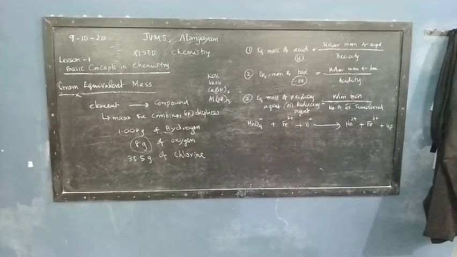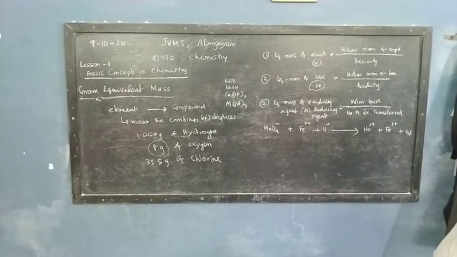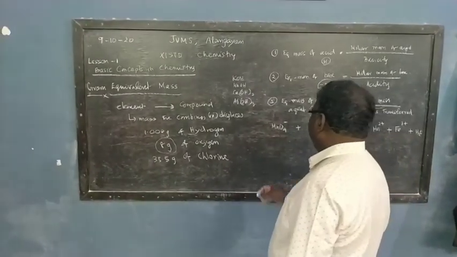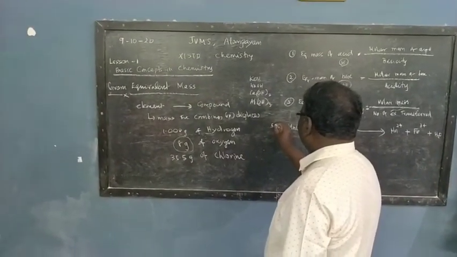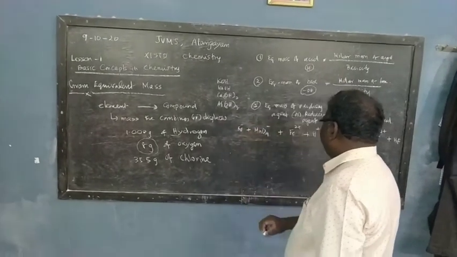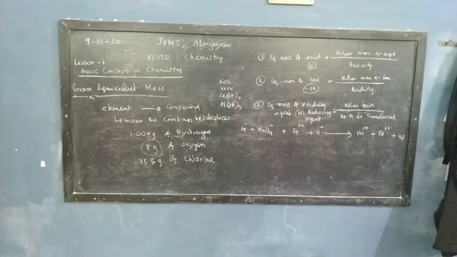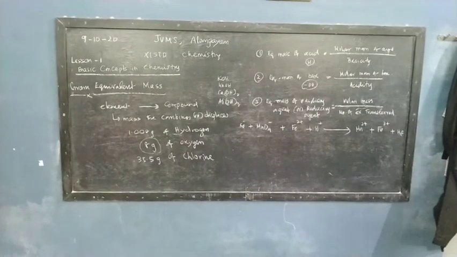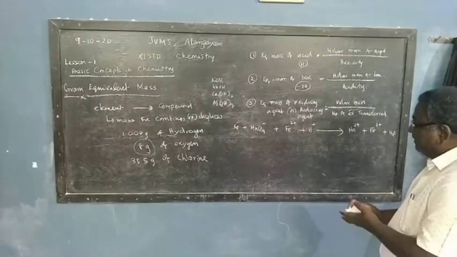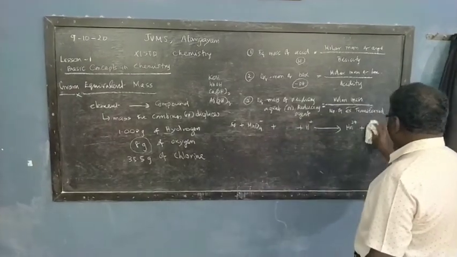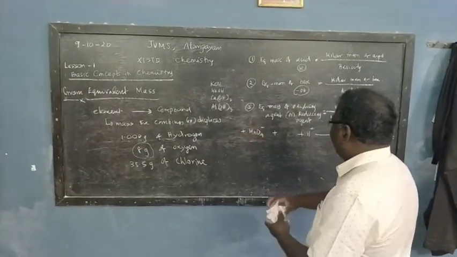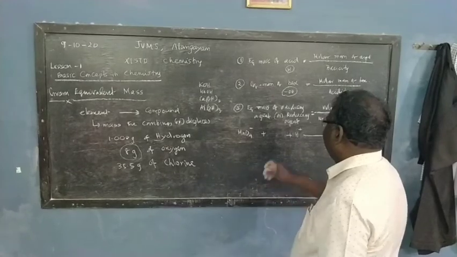So in this reaction, how many electrons are involved? If you calculate, it involves 5 electrons. It involves 5 electrons. Therefore, in the oxidation property, or you can remove Fe2 plus also, use only 5 electrons, right?